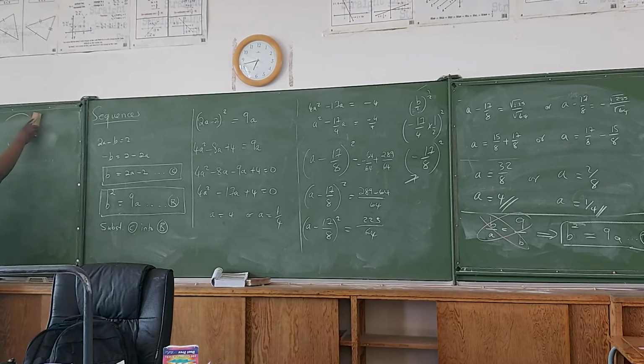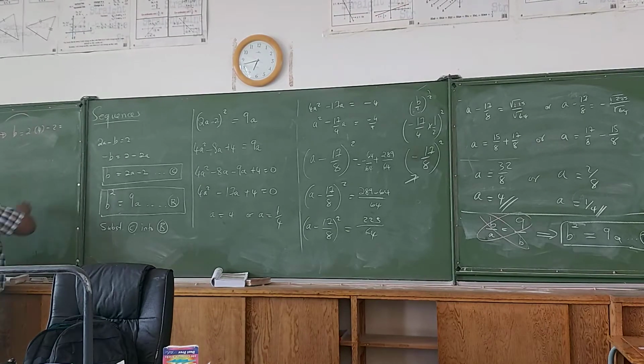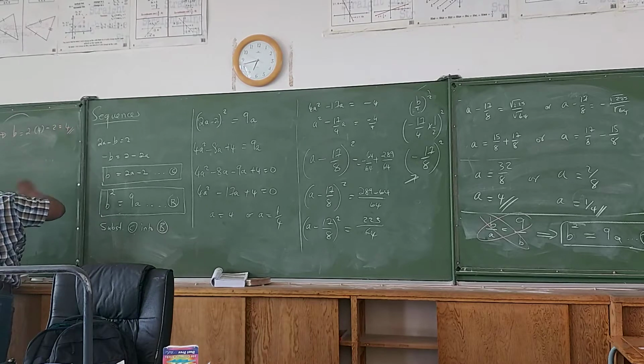If a equals 4, then b is going to be 8 minus 2, which is 6.